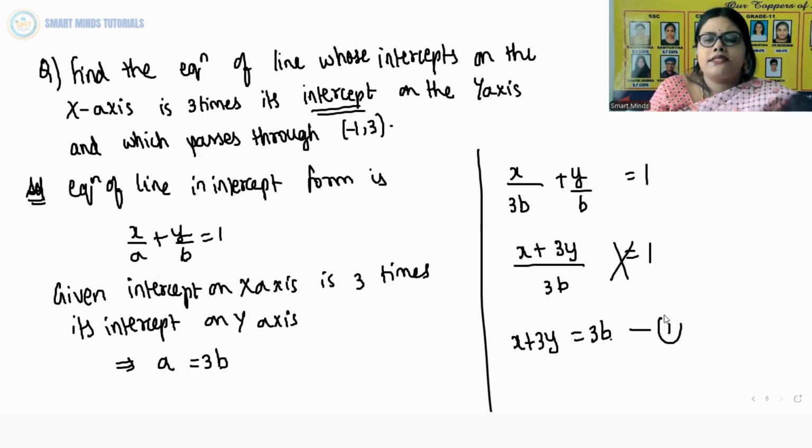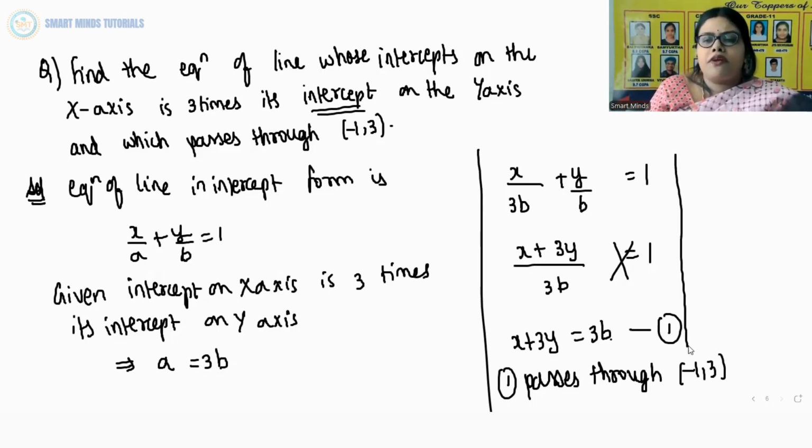Okay, let us say this is equation number 1. Now equation number 1 passes through the given point. What is the point given? (-1, 3). So in the place of x you put -1, in the place of y you put 3. So -1 plus 3 into 3 is equal to 3b. 9 minus 1 is 8. 8 is equal to 3b. So b is 8 by 3.